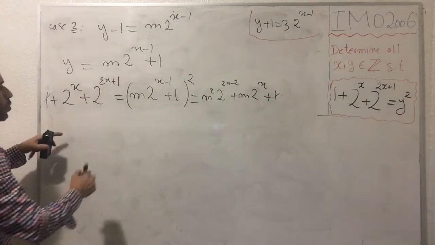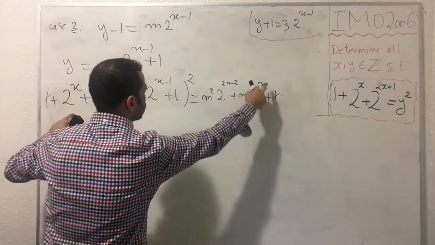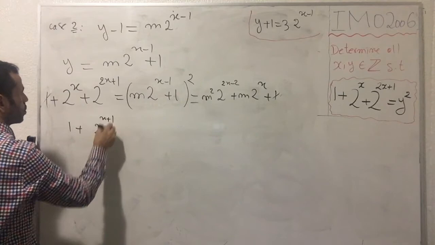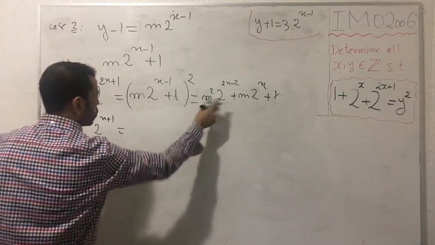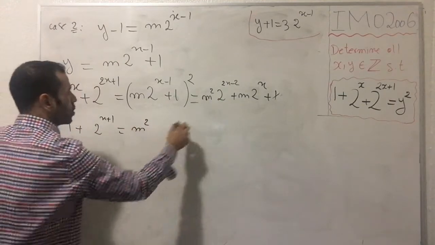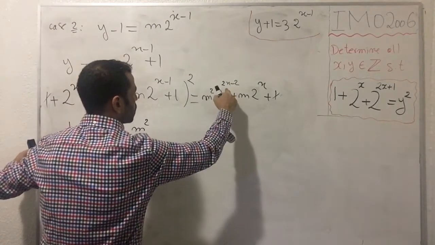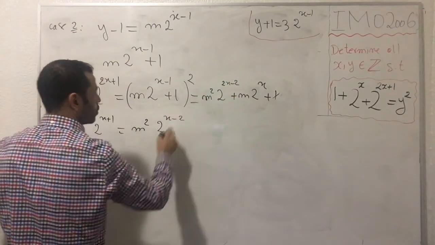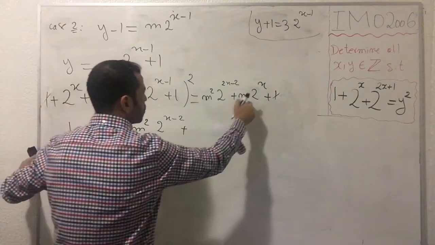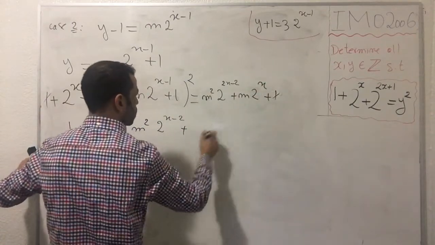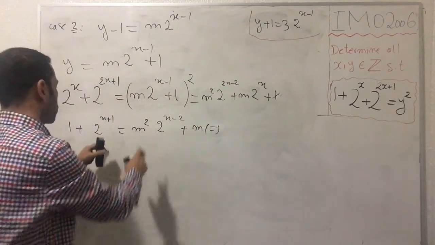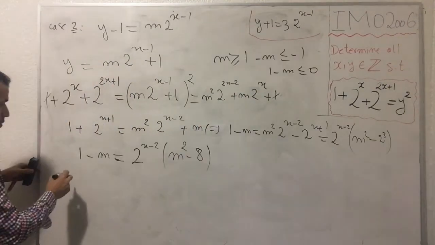What I'm going to do now, I'm going to divide the whole thing by 2 to the x. I will have 1 plus 2 to the x plus 1, okay, equal to this term m squared. Dividing 2 to the x by this one is giving me 2 to the x minus 2, okay. 2 to the x divided by 2 to the x is giving me m. Okay, I'm going to rearrange these terms.